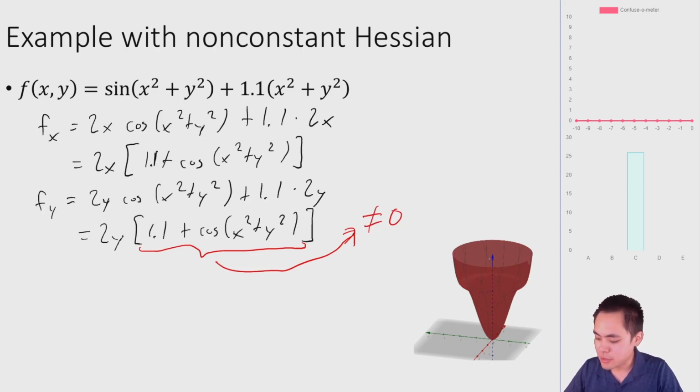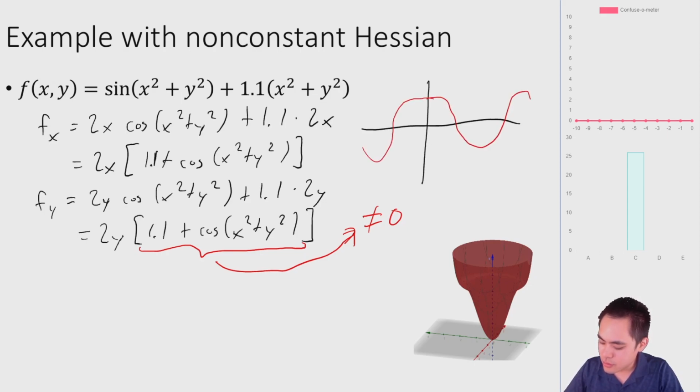This is because cosine is always bounded between negative 1 and 1. And so if I add 1.1 to it, it's always positive, and therefore it's never equal to 0.